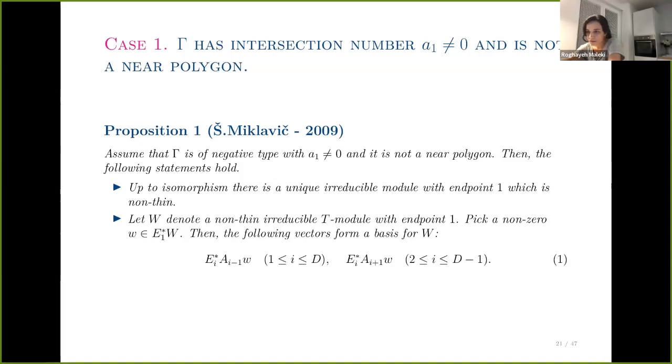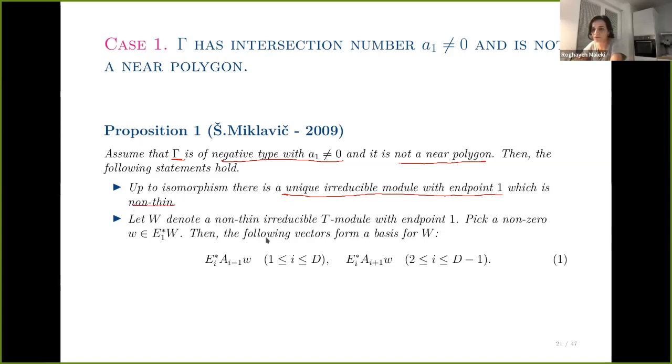Before I proceed, we have this nice proposition by Maleki in 2009. He said, if you assume that your graph gamma is of negative type with A1 non-zero, and it is not a near polygon, then one of the following holds. Up to isomorphism, there exists a unique irreducible module with endpoint 1, which is nothing.